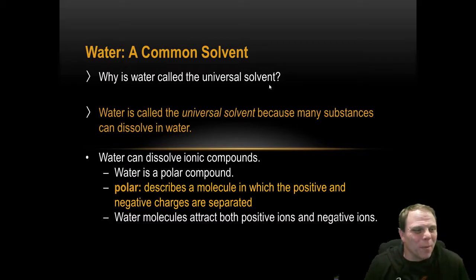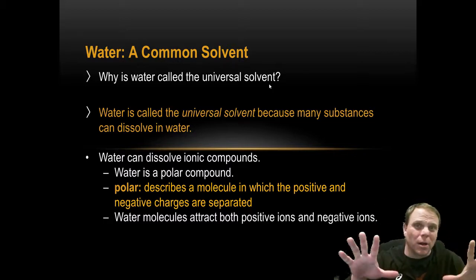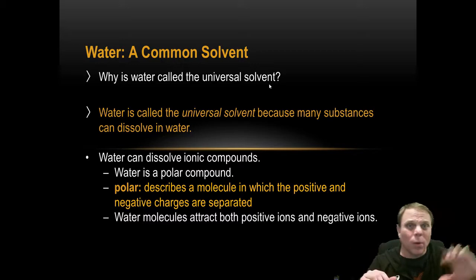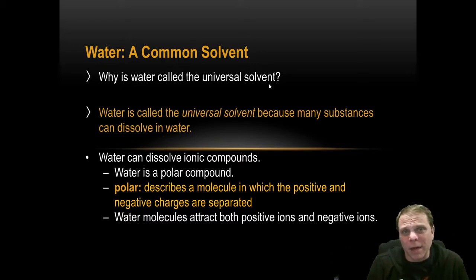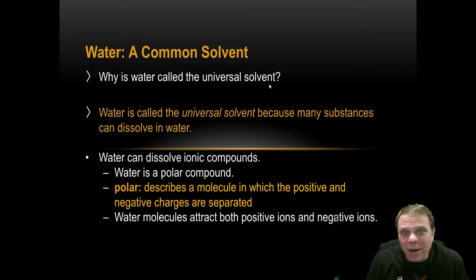Water can dissolve ionic compounds as well as polar compounds. By saying polar, what we mean is that there's two different parts to the molecule that have different properties, one being positive, the other being negative. If you thought about a magnet that might have two poles, the South and the North Pole, polarity has to do with that same type of thing.